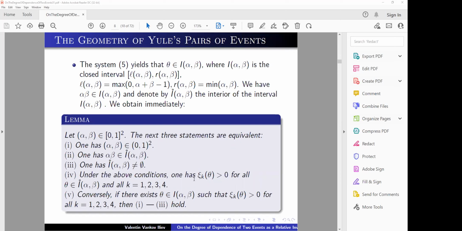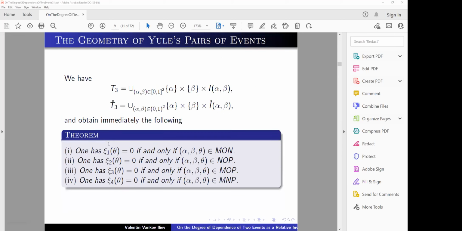Under these conditions, all c_k's are greater than 0, and vice versa. If there exists theta such that the c_k's are strictly greater than 0, then those three equivalent statements hold.